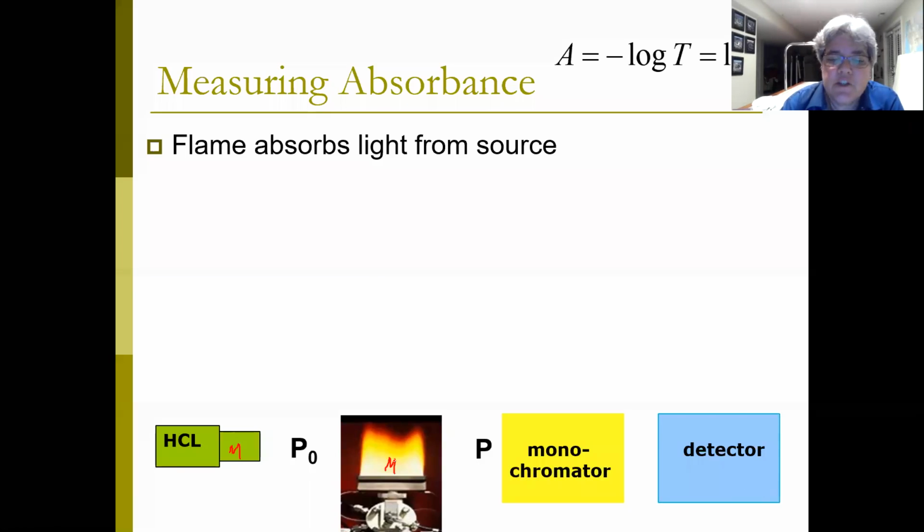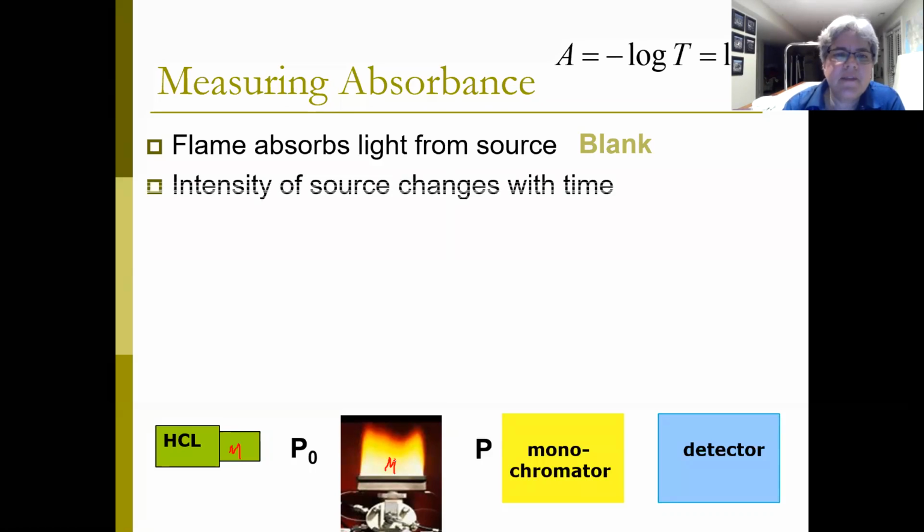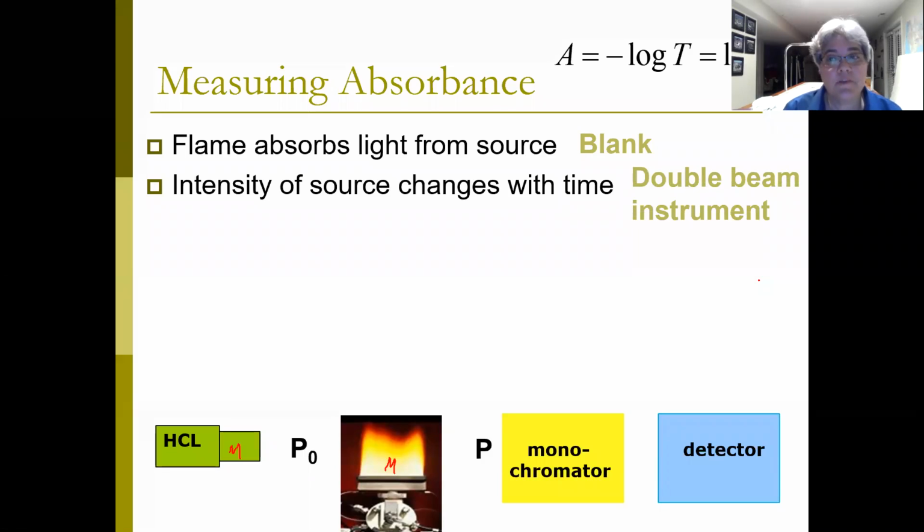And you actually should know how we would do this. We would use a blank. Okay, that will correct for the light. All right, second thing that might happen is the intensity of this source could change with time. So you should also know how would we solve that problem. The same way we solved it in chapter 4. This one we would use double beam.